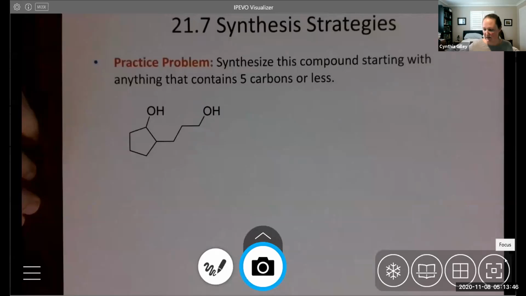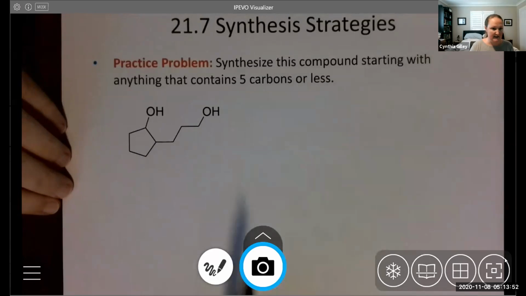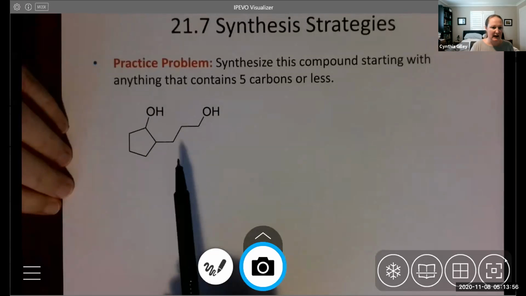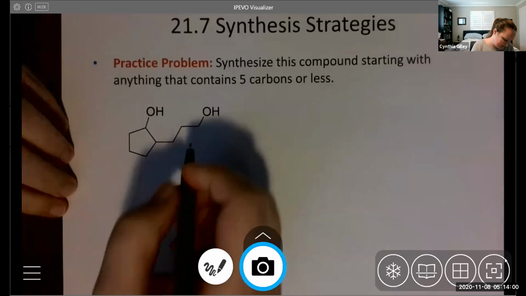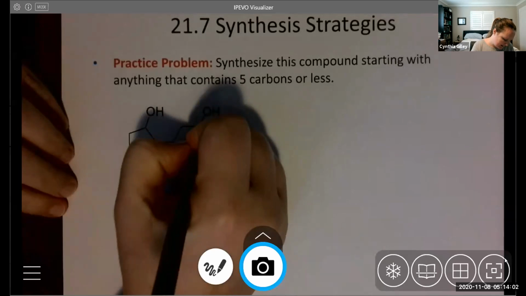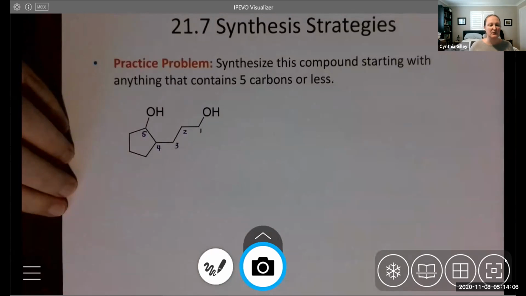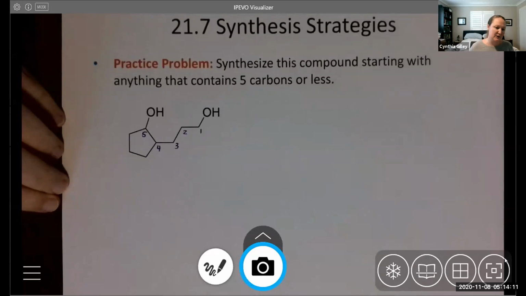Okay, so let's go through this problem. It might look initially like this doesn't belong in this chapter, right? I don't remember seeing the formation of a diol specifically. If I start counting here, I have a 1,5-diol. I don't recall any reactions that produced a 1,5-diol. However, I do recall reactions that produced a 1,5-dicarbonyl.